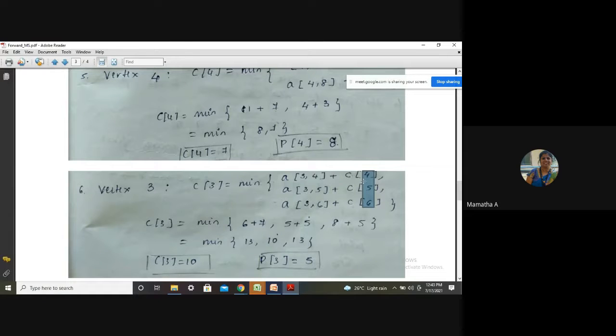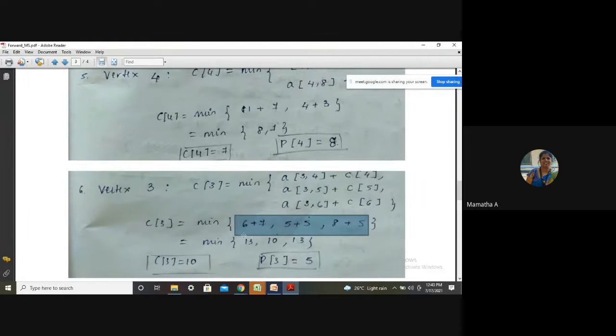Are you understanding the previous sub problems? You can see this problem is dependent on the previous one. You should get C of 4, C of 5, C of 6 from the previous ones only. Again check. So you have 3 paths. Find whichever is the minimum.